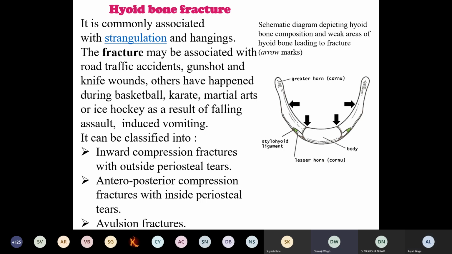It can be classified into inward compression fractures with outside periosteal tears, anterior-posterior compression fractures with inside periosteal tear, and avulsion fractures. Now in this schematic diagram, you can see these arrows. The arrow indicates a weak area of the hyoid bone which leads to fracture. So you can see in this diagram.